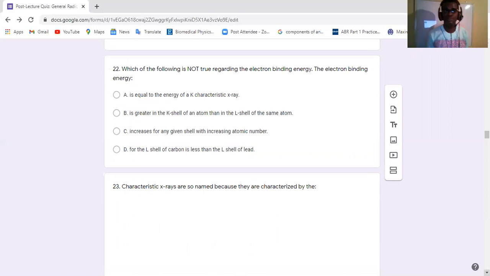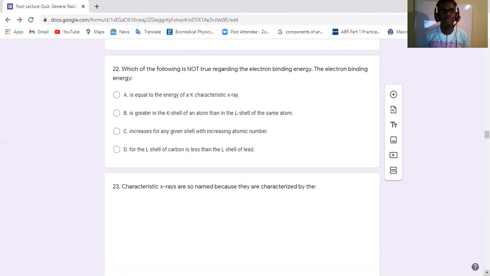Number 22. Which is not true regarding electron binding energy? A, it is equal to the energy of a K characteristic.